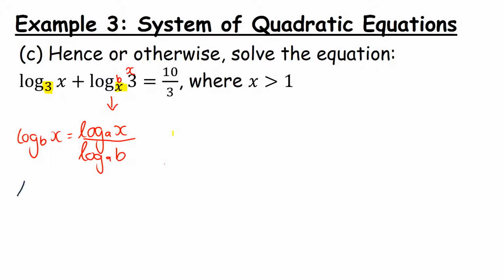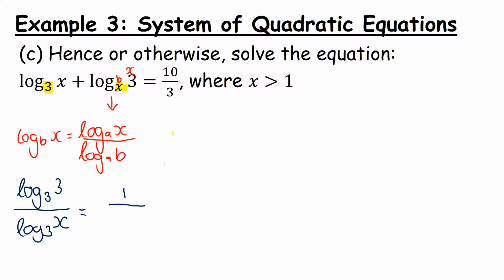So subbing that in, we have log. Now a is the base that we want. Okay, so we want this to be base 3. So it's log to base 3 of 3 all over log to base 3 of x. Okay, so the top line can be simplified just to 1.